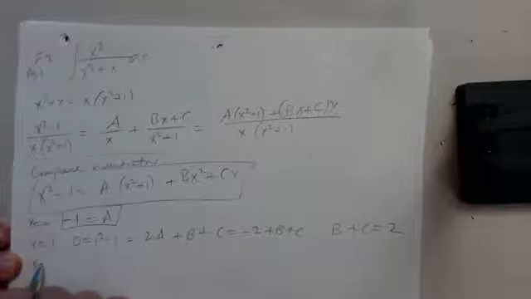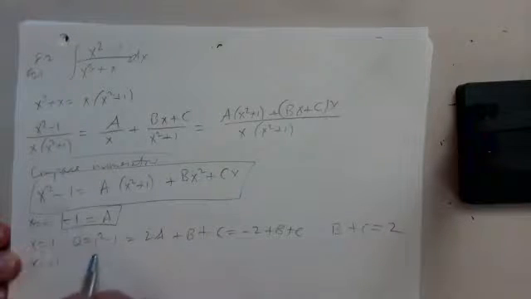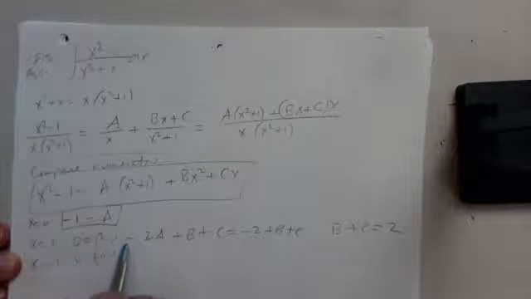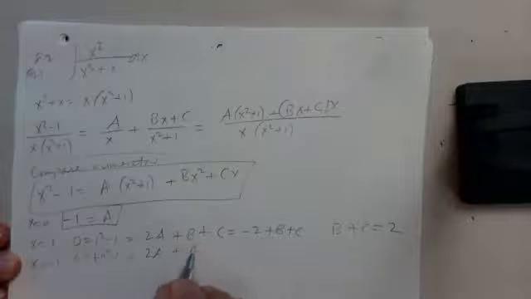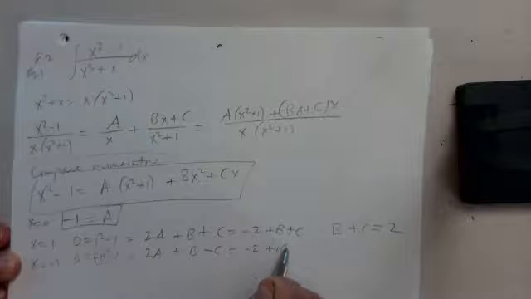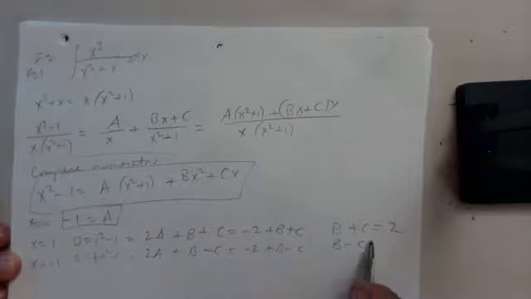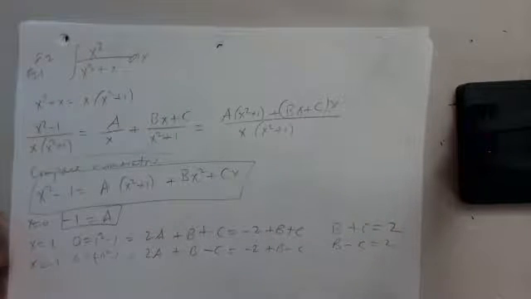If I choose x equal to minus 1, again I get minus 1 squared minus 1, which is 0. When x is minus 1, this is 2a plus b minus c, and 2a is minus 2, plus b minus c. So I get b minus c is also equal to 2.